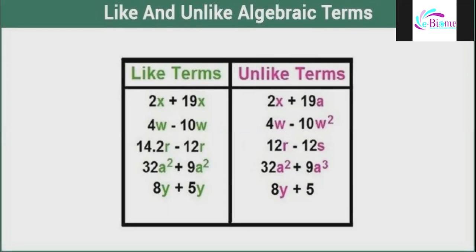And we say these are like terms because they have the same variable, and that variable is a raised to the power of 2. Everyone following so far? Yes, sir. And we have 8 plus 5y. Both have the same variable, which is y, so we call them like terms.